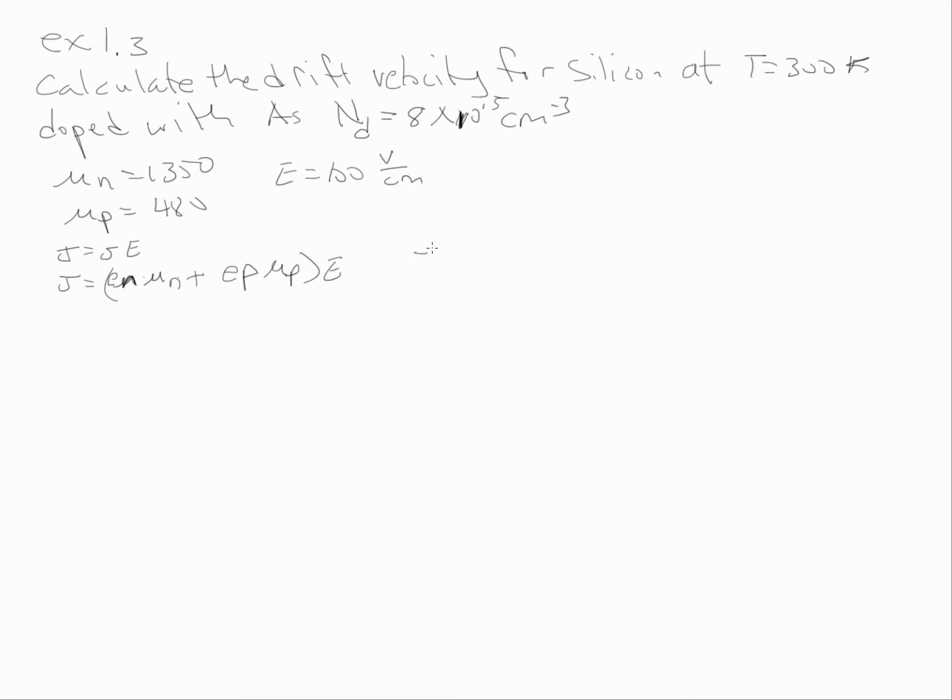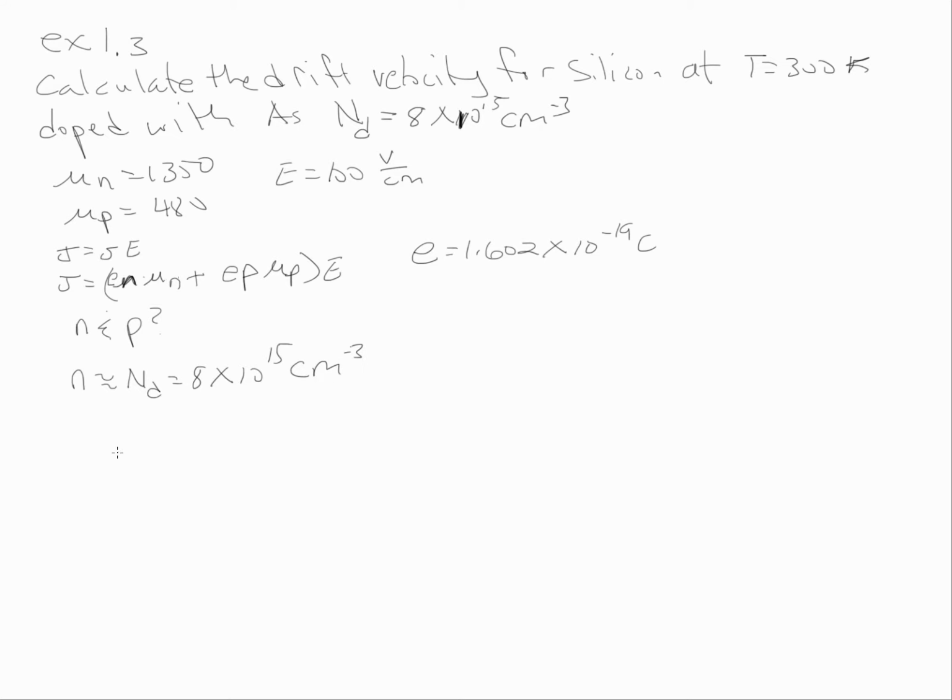So we know that e is the fundamental charge, 1.602 times 10 to the minus 19th coulombs. And so the only thing that we're missing is we need to know what n and p are. We were given in the problem that the number of donors is that. So n is approximately equal to Nd, which is equal to 8 times 10 to the 15th per cubic centimeter.